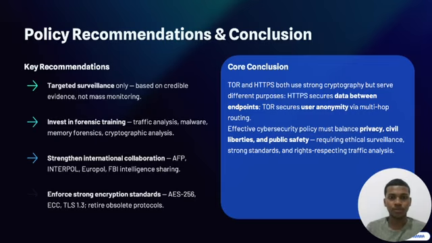As cybersecurity professionals, it is important to understand both technologies, their strengths and their limitations. Future cybersecurity policies must balance privacy, civil liberties, and public safety while ensuring that strong encryption remains available to legitimate users.